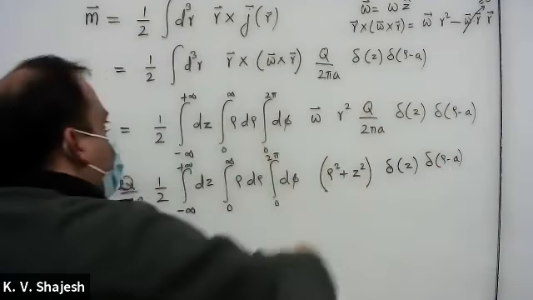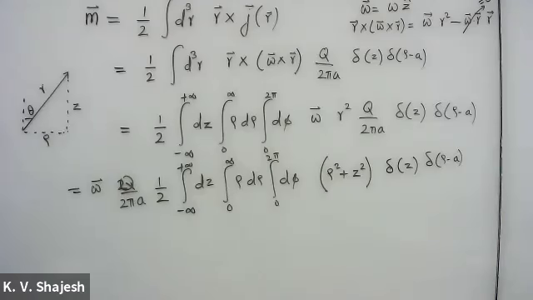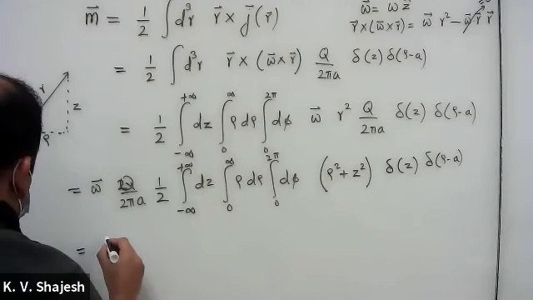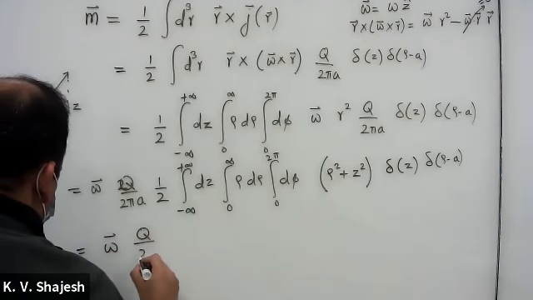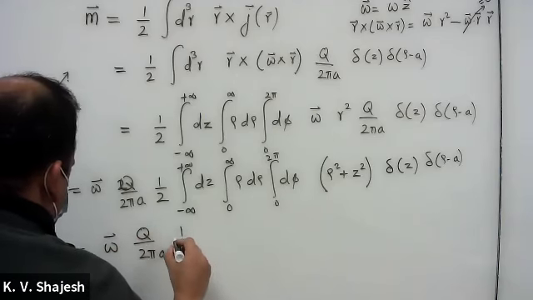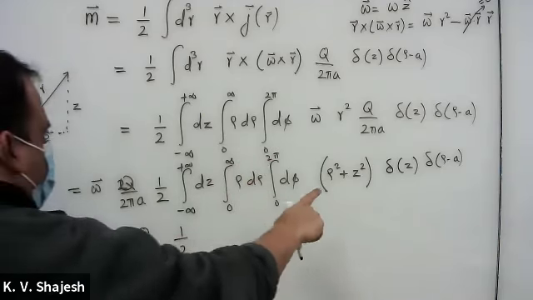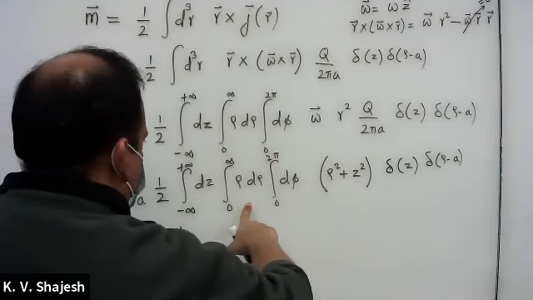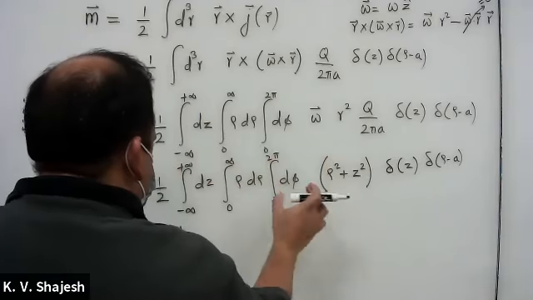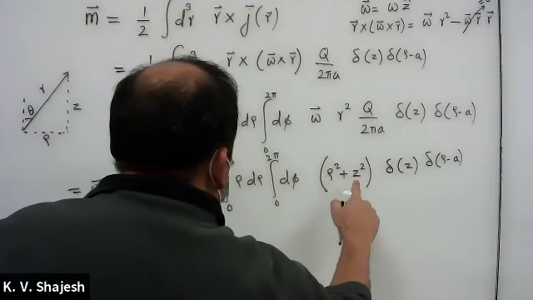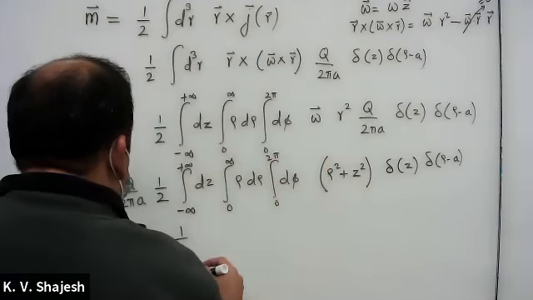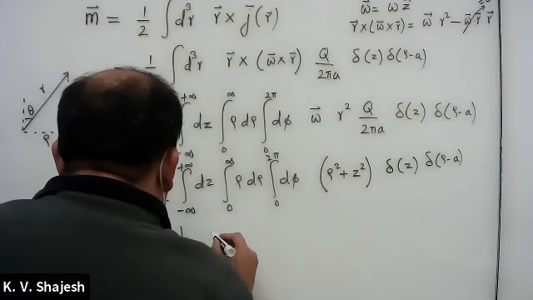So that's what I was trying to put, that r equal to rho right away. So that's equal to vector omega times q over 2 pi a times 1 over 2, z integral goes away, rho gets replaced with a, but then there are 3 of them, right? This goes away because it's 0. 3 of them, and that's a cubed.